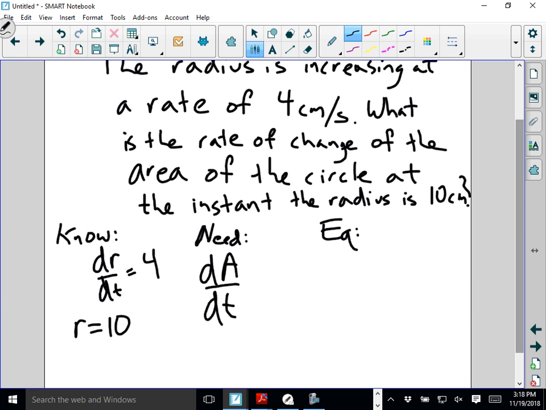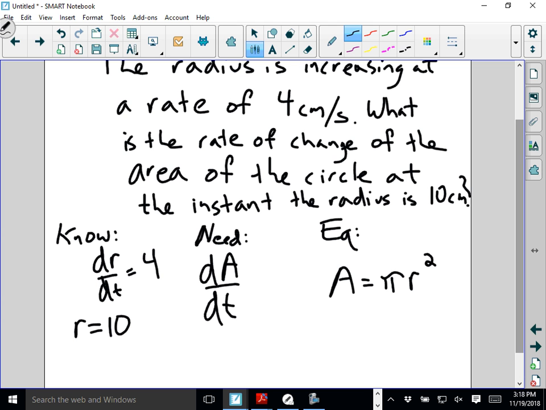If I asked what's the rate of change of the circumference of the circle, then I'd want to use the circumference equation. It is expected on the AP test that you know the equation for the area of a circle. So the equation here is A equals pi r squared.